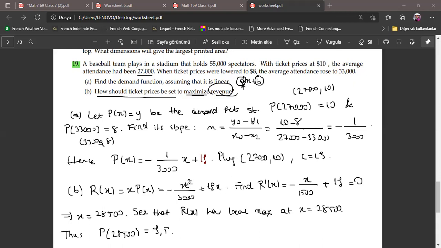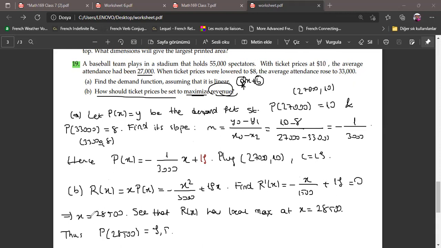We first write that revenue function in this form, because it's the number of people times the price. It gives us this revenue function, and we need to maximize it. So we first find its derivative and then the root.